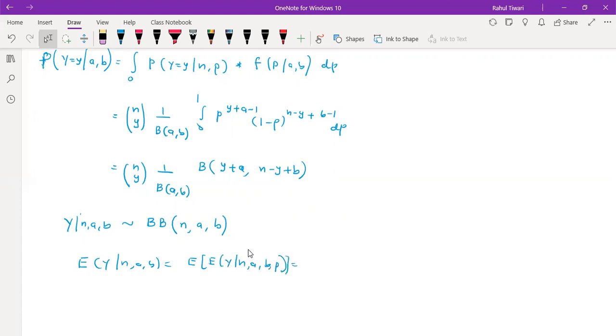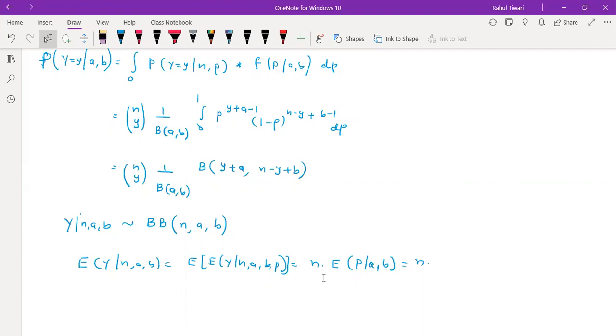This would be n times the expected value of p given a, b.